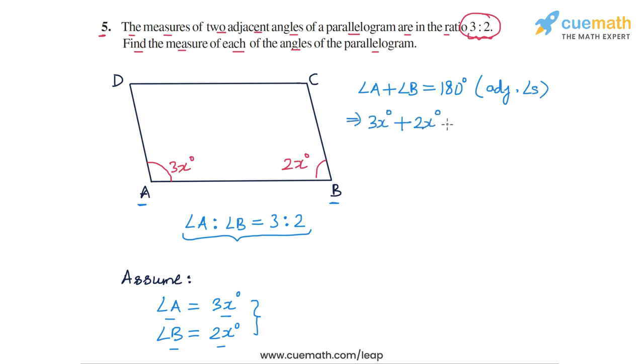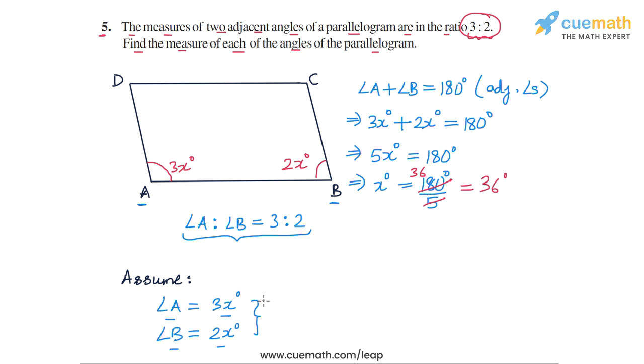So 3x degrees plus 2x degrees must be equal to 180 degrees. And this gives us 5x degrees is equal to 180 degrees, or x degrees is 180 degrees by 5, and 180 by 5 is 36. So we get x degrees as 36 degrees.